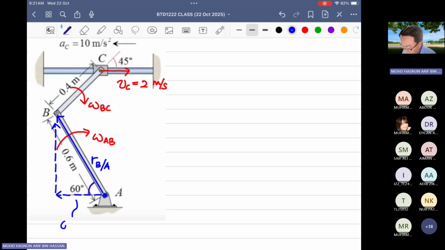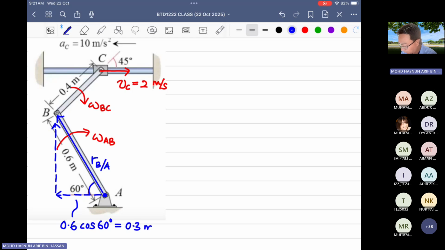So this will be 0.6 cos 60 degrees, right? What do we get from 0.6 cos 60 degrees? I think it's 0.3. Yes, 0.3.